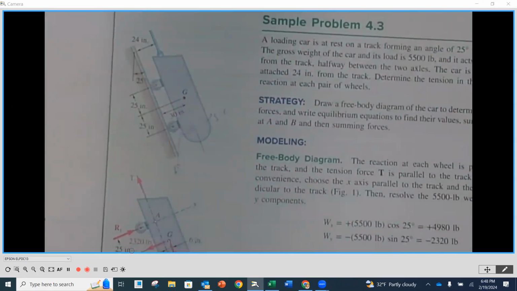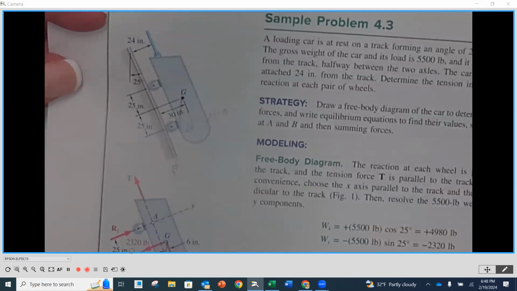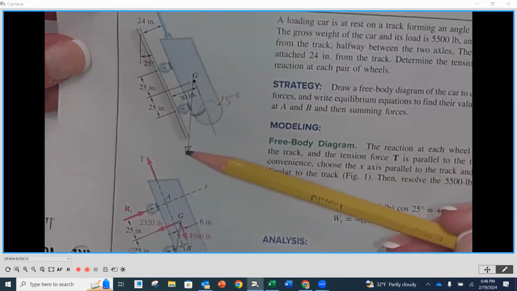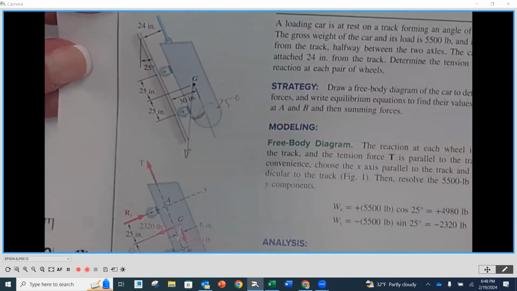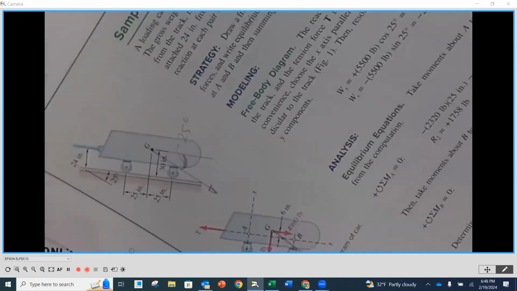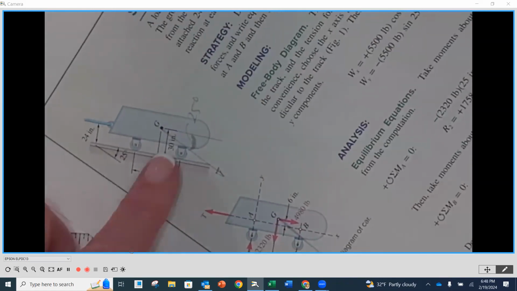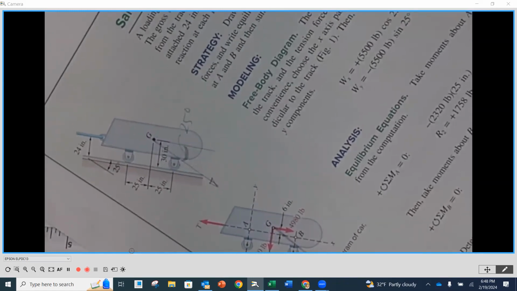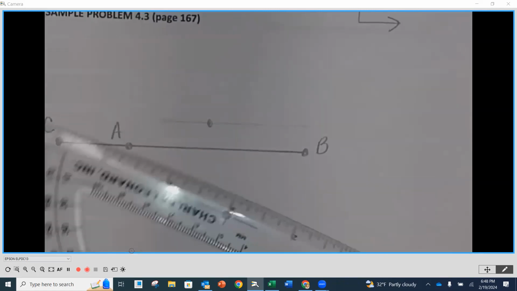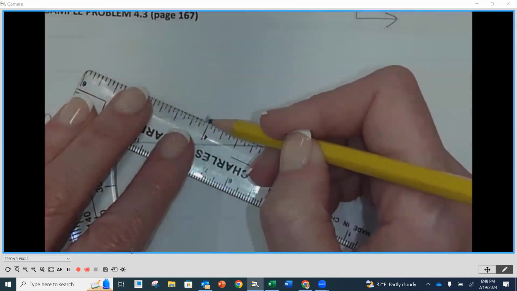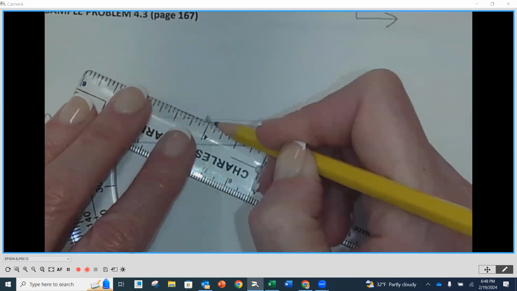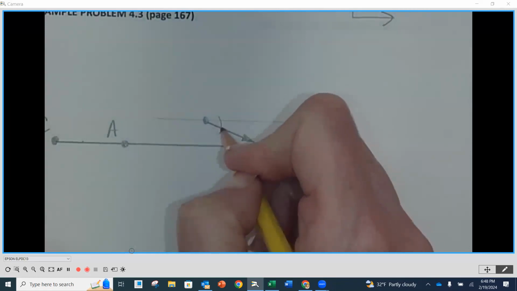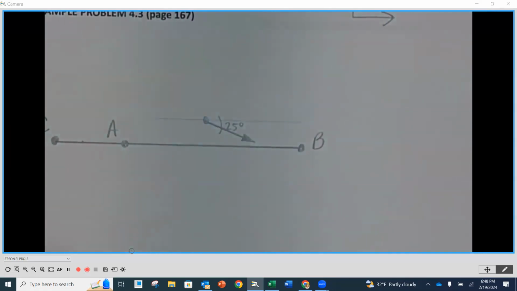I'm going to tip this up so we can see it a little better, and represent that 5,500 going straight down. Because we're tipping this so that this is horizontal, do you see how the 25-degree angle is going to be right there between the horizontal and the weight? So our G is going to be like this, and this angle right here is 25 degrees.